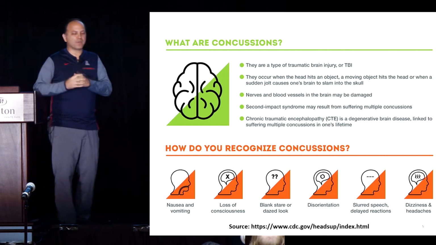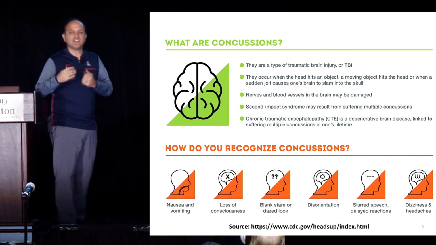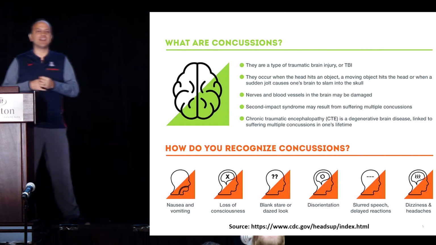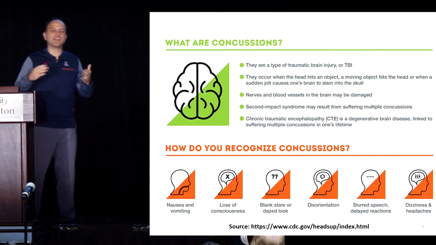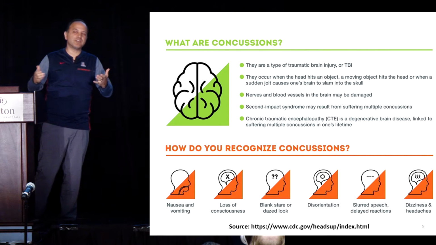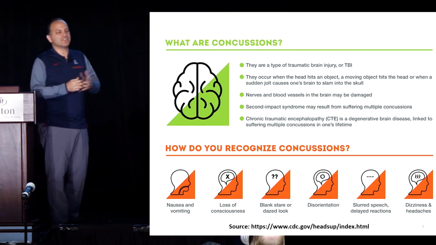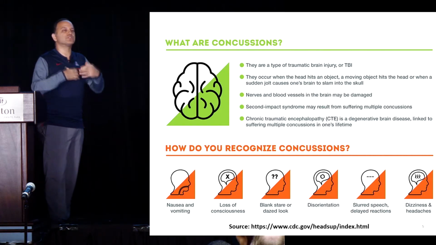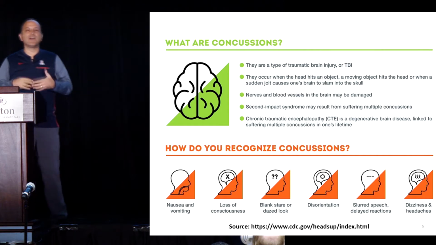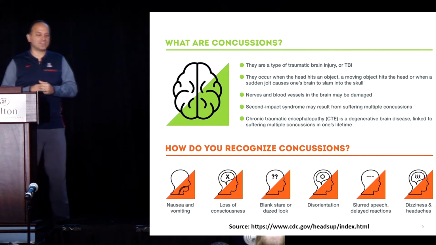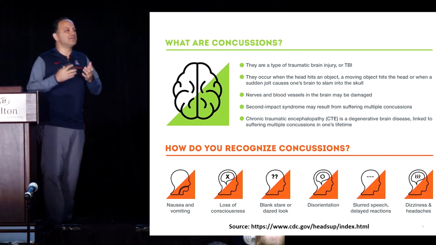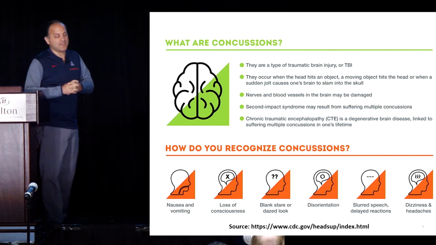I'll talk a little bit more about that story, but essentially the takeaway from that film is that this is a controversial topic that doesn't necessarily benefit pro sports, and it damages athletes quite a bit. So there's been a lot of policy change. I'll talk about some of the rules that have changed in the NFL in particular to make that sport safer.